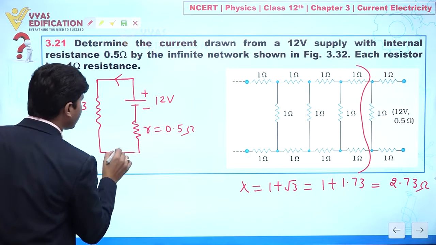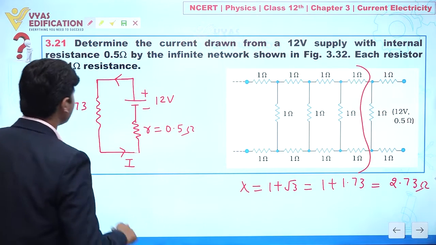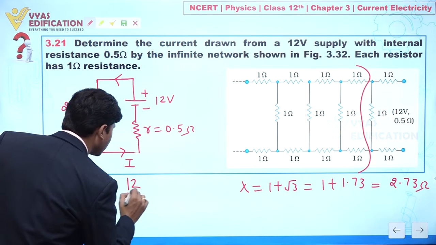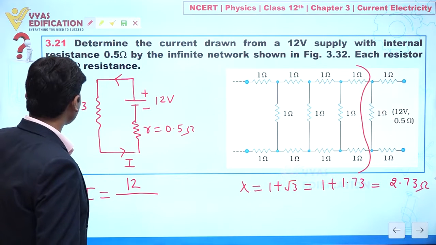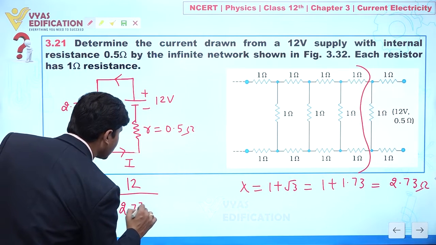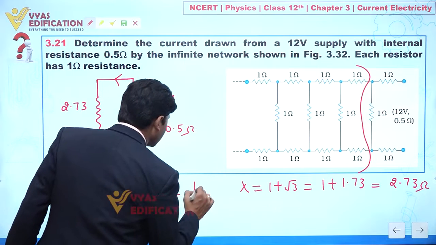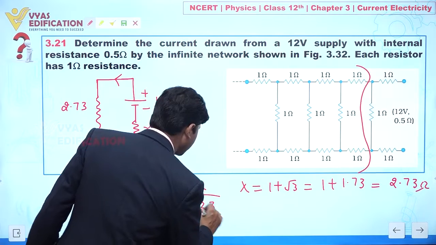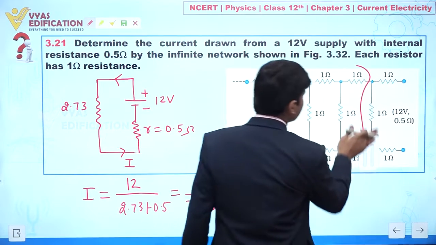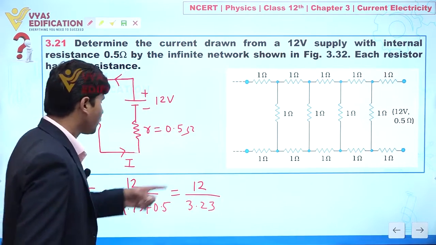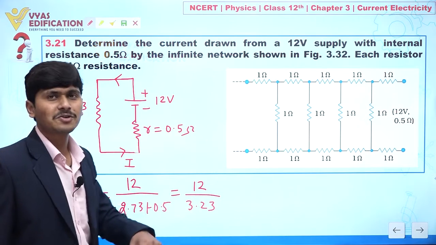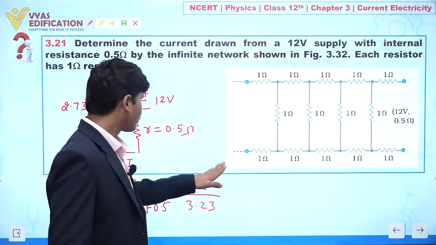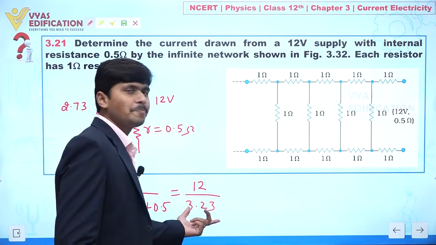Let's suppose the current flowing in the circuit is I. So I is given by total potential 12 divided by the total resistance in the network, 2.73 plus 0.5, which is 3.23. So I is 12 divided by 3.23.